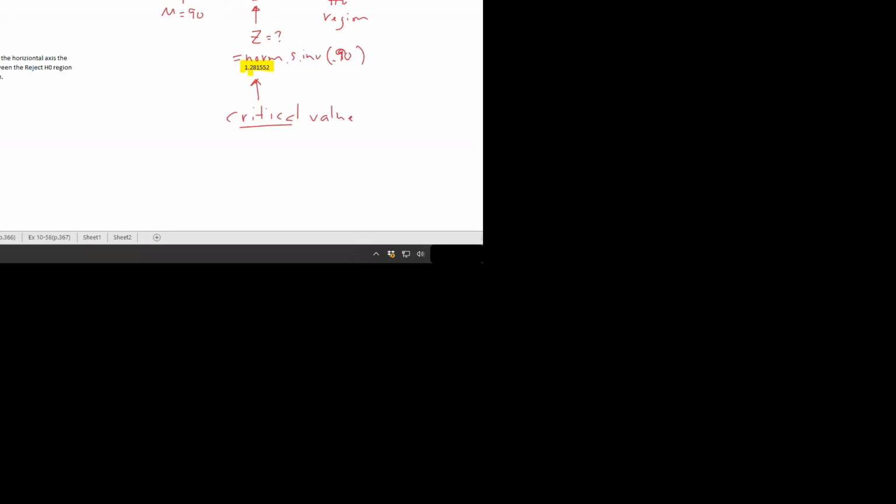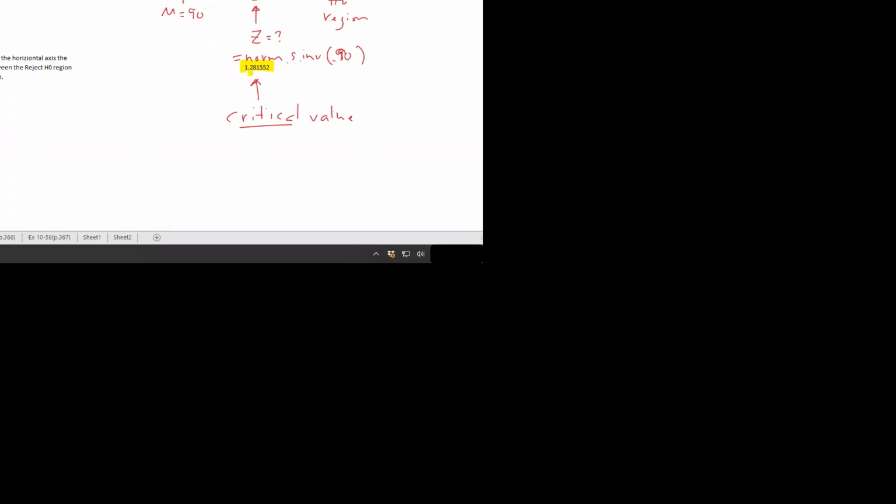Whereas the area to the left of 1.2815552 is known as the fail to reject H0 region. Okay, are we clear so far?